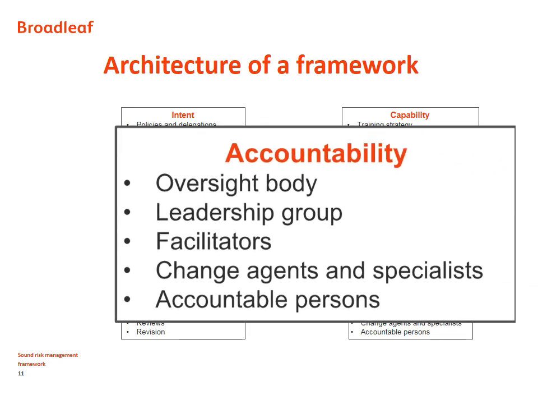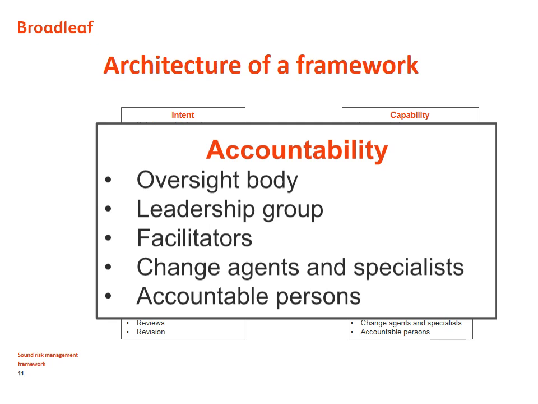The third element of the framework concerns the allocation of accountability. The bodies, groups and individuals concerned with ensuring effective management of risk. It starts at the top with the board or alternative oversight body. Often this accountability is delegated down to a subcommittee, such as the audit or an audit and risk, or even a risk subcommittee.